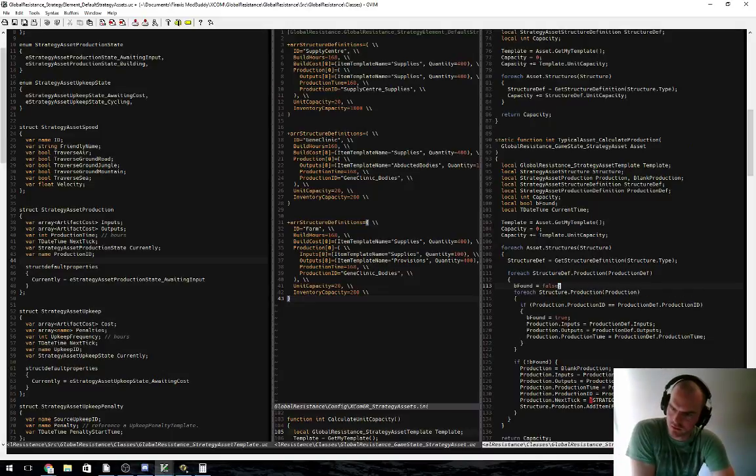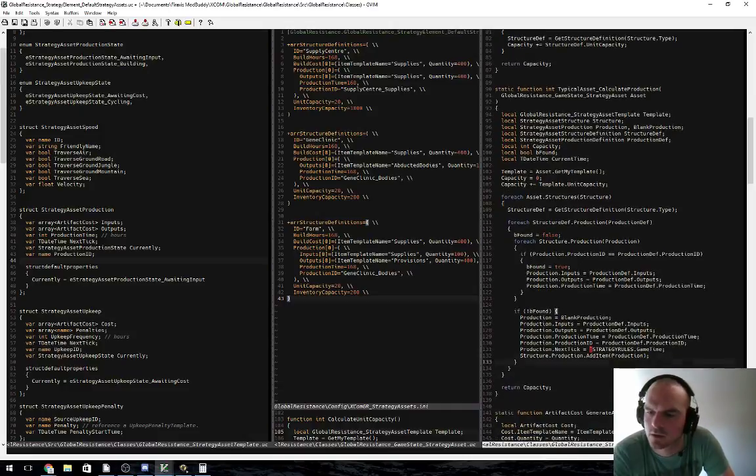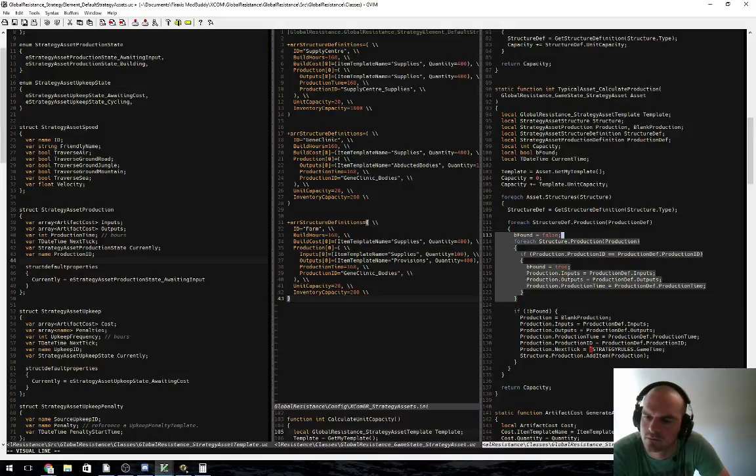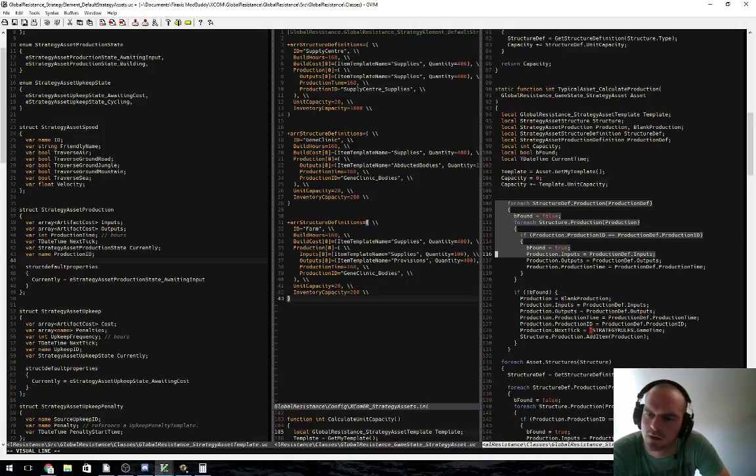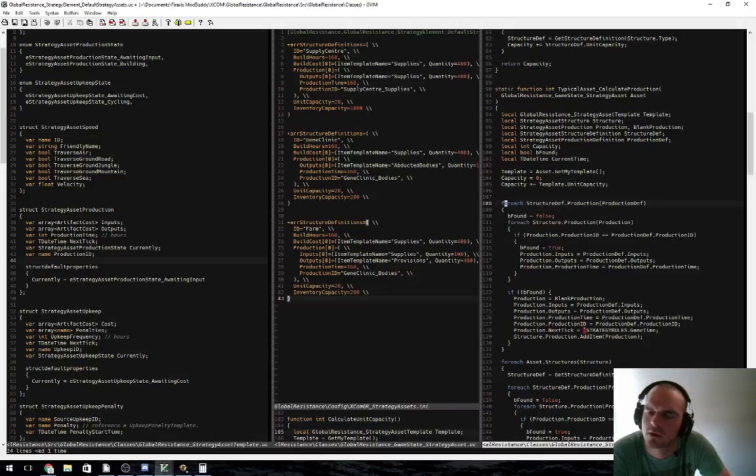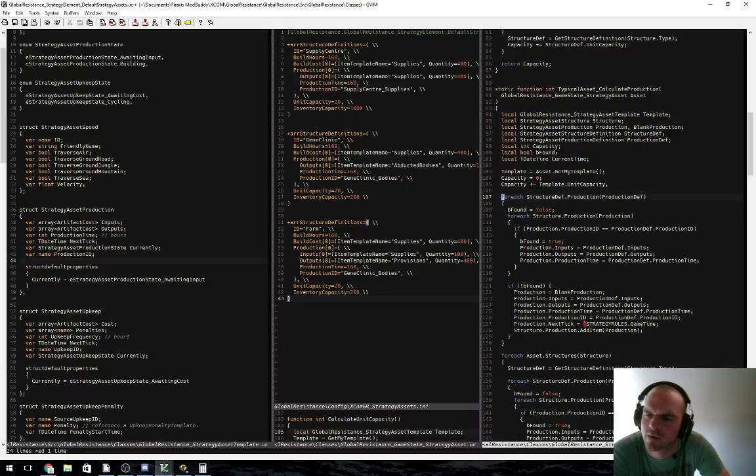So that's for each of the structures. We may as well do the code for the root level production assets, even though we don't need it. So asset dot production. It's essentially this function again, except in the context of structure def. We can probably reduce this obviously, but I'll just stick with it for now.